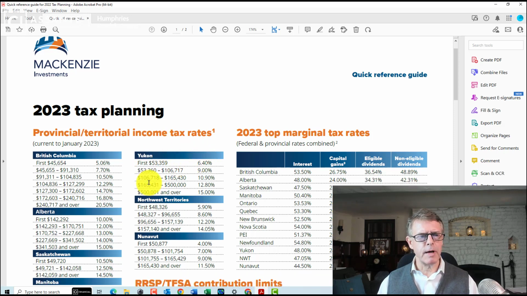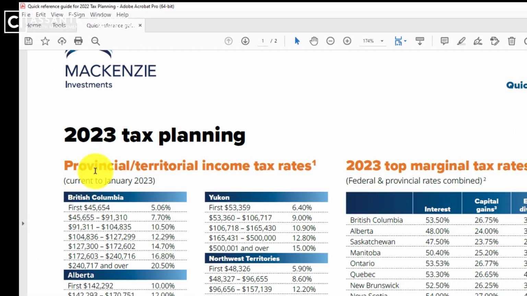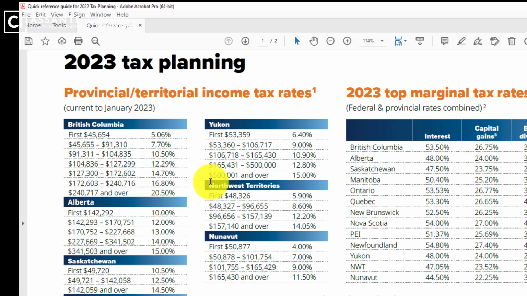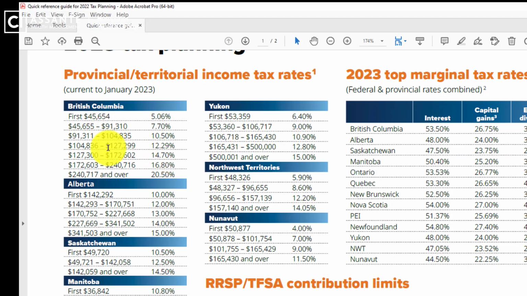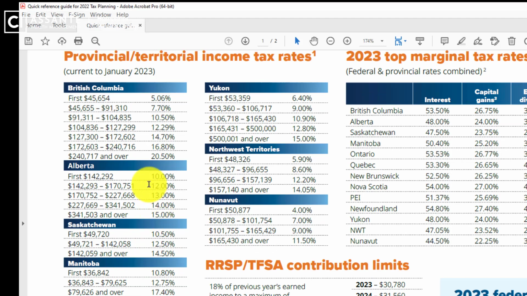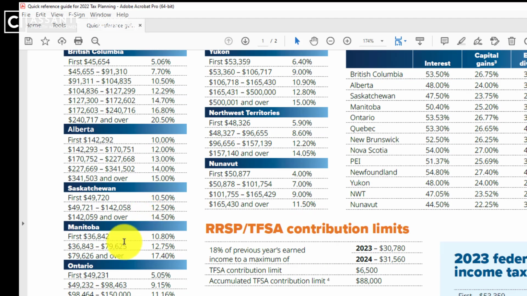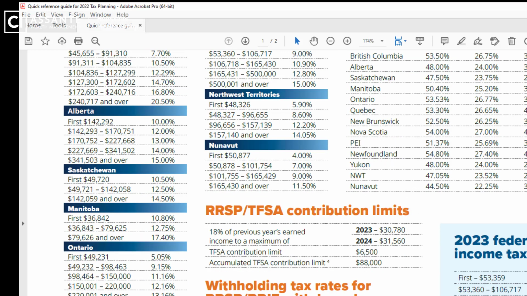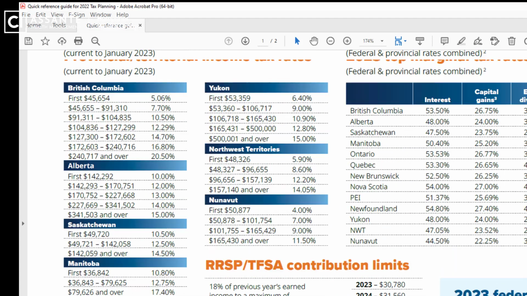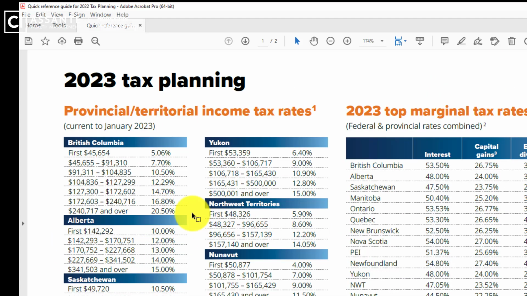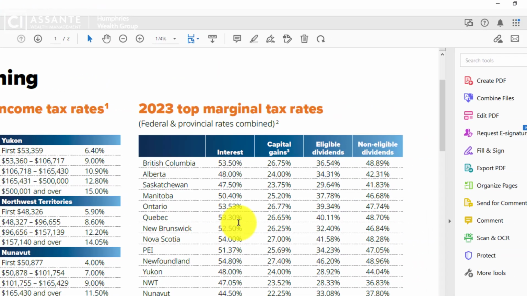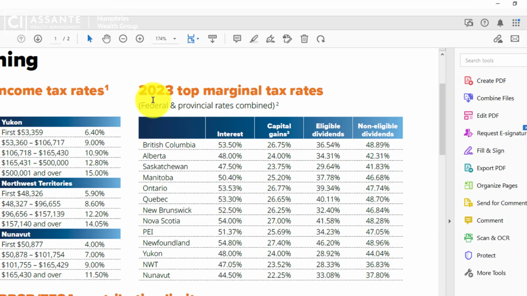So the first part of this guide, we have the 2023 tax planning. We have the provincial and territorial income tax rates. You can see the various tax rates by income between British Columbia, Alberta, good old Alberta, pretty effective tax rates, Saskatchewan, Manitoba, Ontario, on it goes. So if you're curious about the different tax rates at different income levels, it'll give you the provincial tax rates. Then we go into the 2023 top marginal tax brackets.